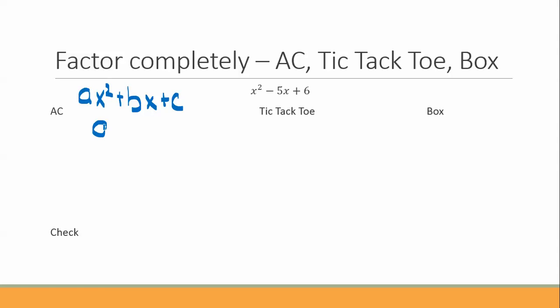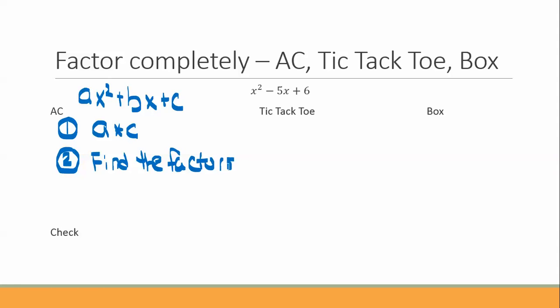We want to do a times c first. And then the second thing you want to do is find the factors of a times c that add to b. This sounds complicated. I'll show you what it looks like when I'm done giving the instructions.